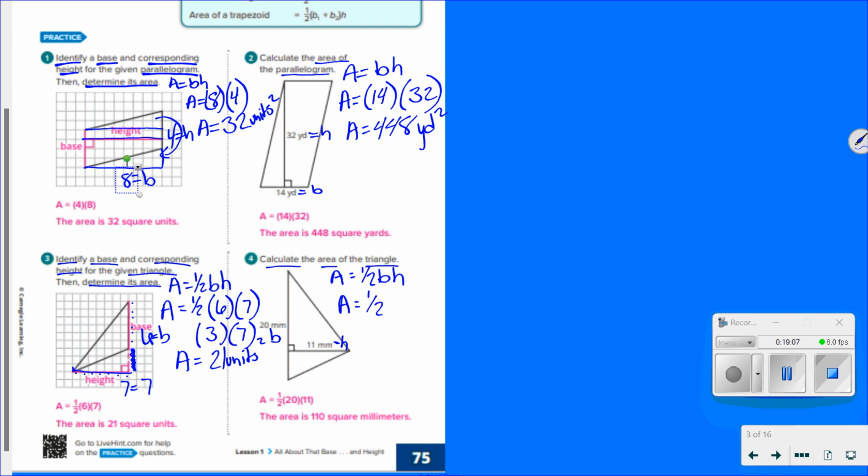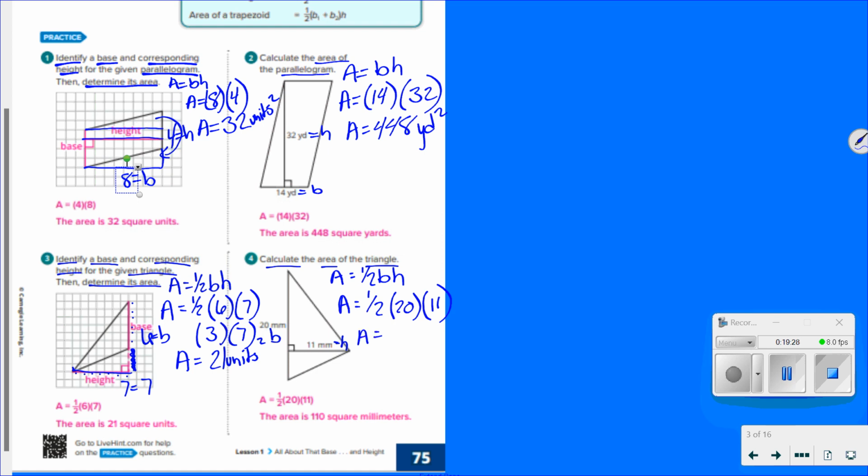So now let's rewrite our equation with our numbers. So it's 20 multiplied by 11. I've got another even number. So what am I going to do with that even number? I'm going to divide it by 2. What's half of 20? 10.